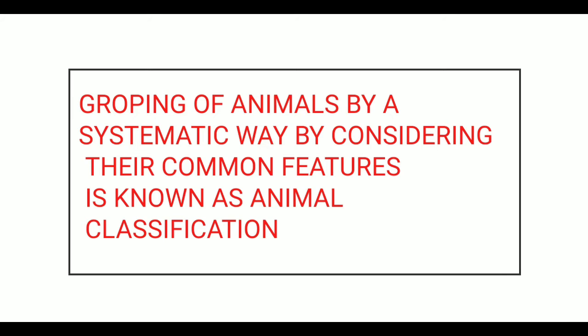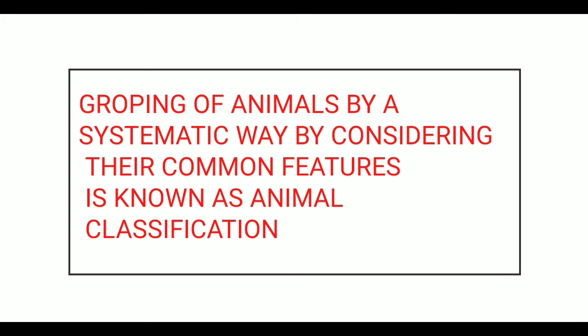Then what is known as animal classification? Animal classification means grouping animals in a systematic way by considering their common features.